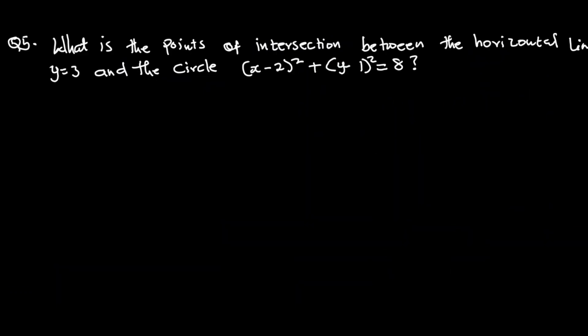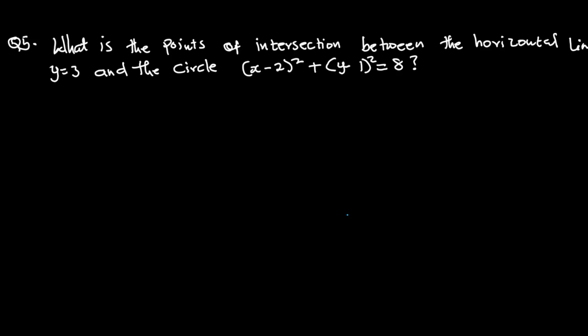All right, so question 5 says, what are the points of intersection between the horizontal line y equal to 3 and the circle (x minus 2) squared plus (y minus 1) squared equal to 8? Now to find the points of intersection, we solve the two equations simultaneously, and then we'll be able to get the coordinates for both.